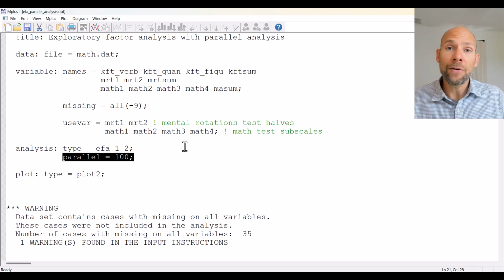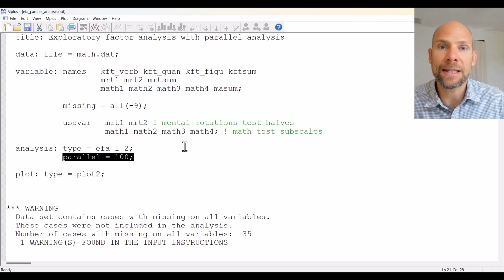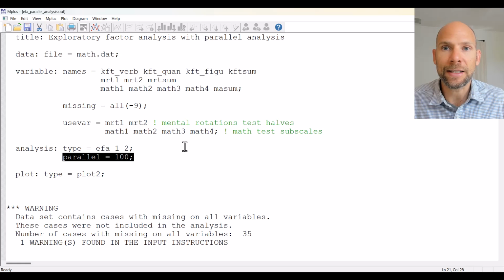And so then for those random variables, we can also extract eigenvalues for the correlation matrix, and we can compare those eigenvalues for the random data to our data to see how many factors we should retain. And it's one of the nice features of Mplus that it allows you to conduct a parallel analysis for the number of factors directly here in the program.